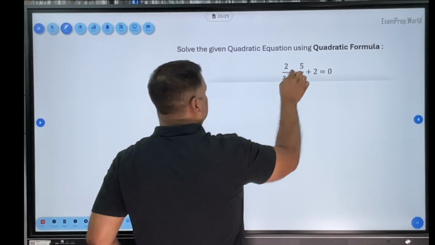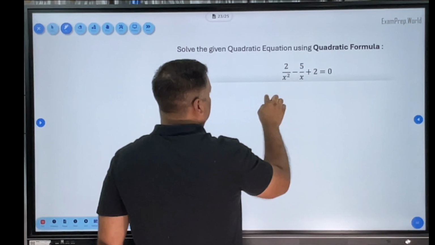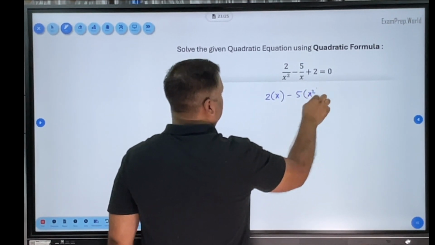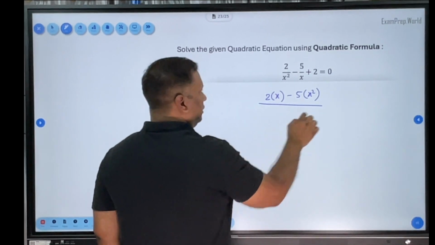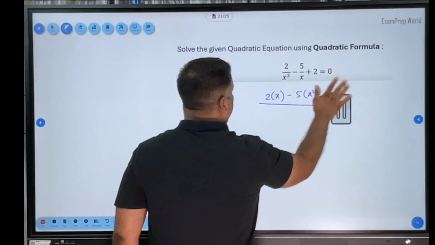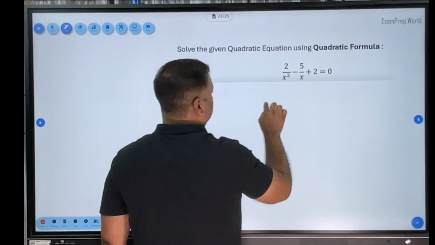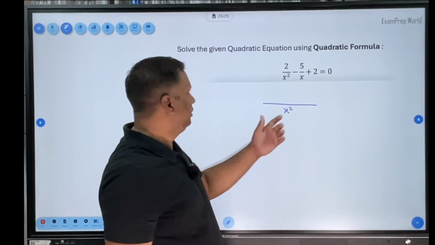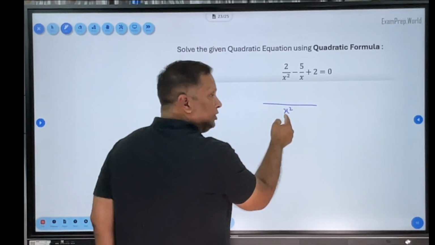So how do we do this? We cross multiply. 2 times x minus 5 times x square, plus 2. I will take LCM as x square, because x and x square, the best LCM is x square. How many times is x square? 1.